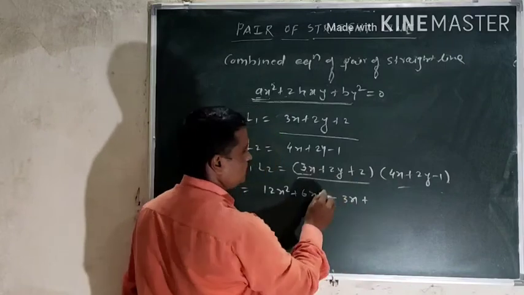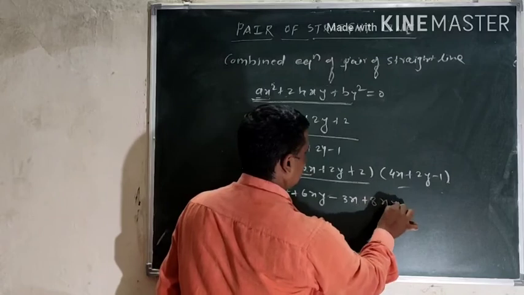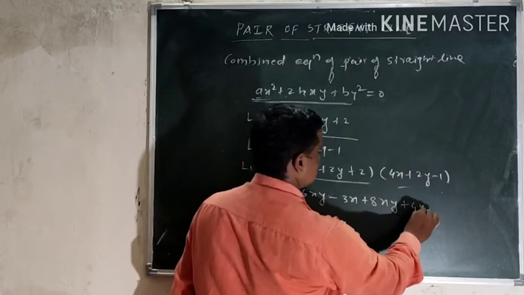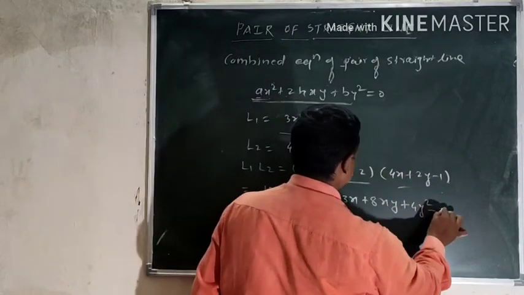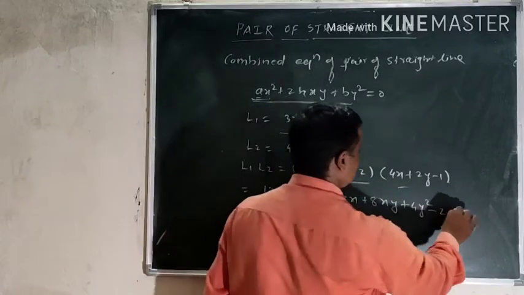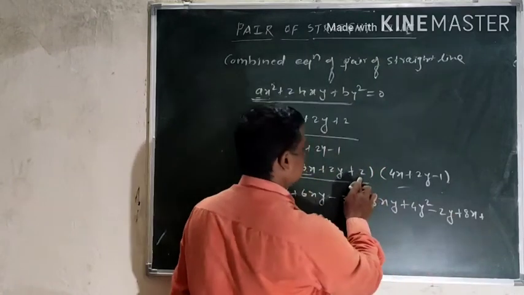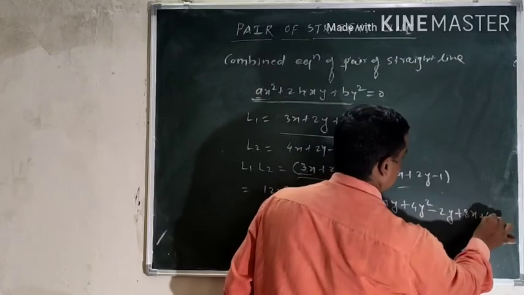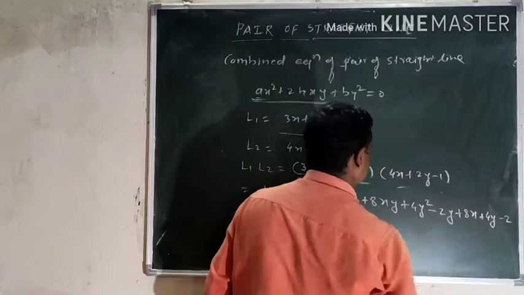Again 2y into 4x is 8xy, 2y into 2y is 4y square, 2y into minus 1 is minus 2y. Again 2 into 4x is 8x, 2 into 2y is 4y, and 2 into minus 1 is minus 2.